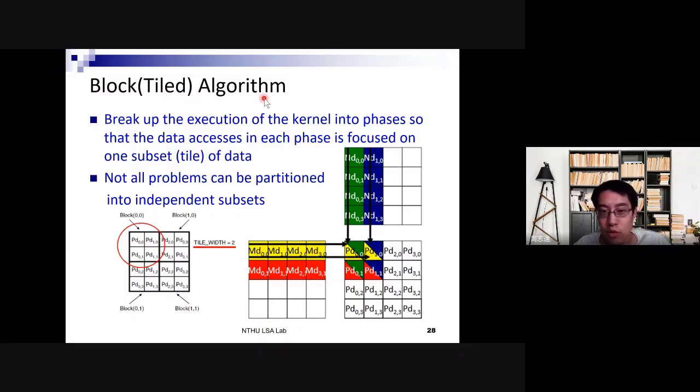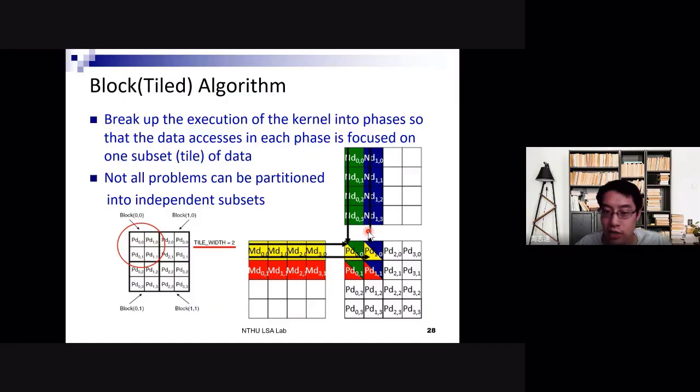Because basically you have to partition or rewrite your algorithm into a set of blocks or tiles. And what you need to decide is the tile width of each of the tiles or each of the block partitions.